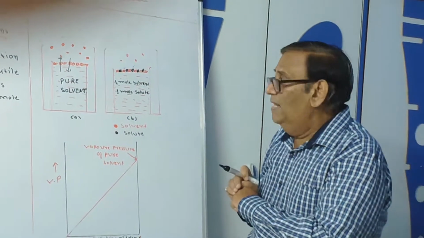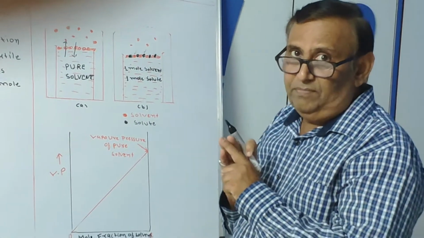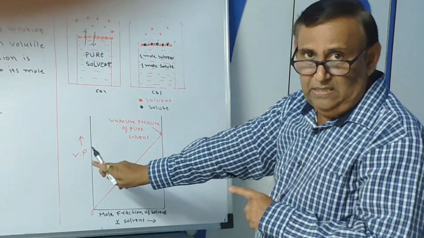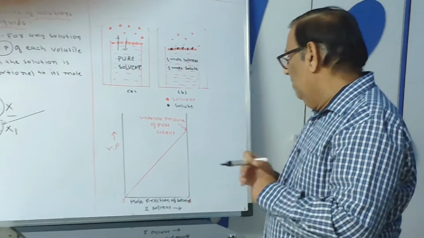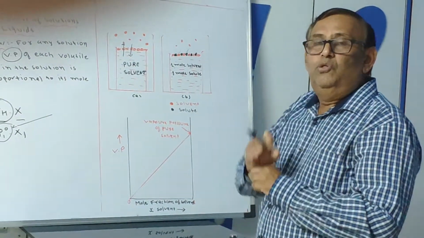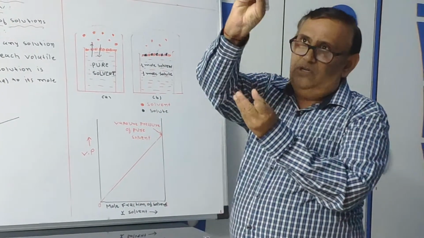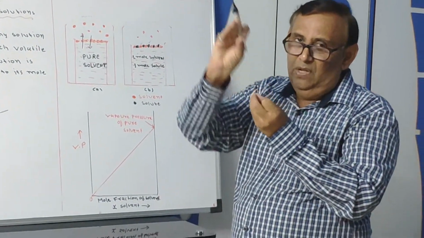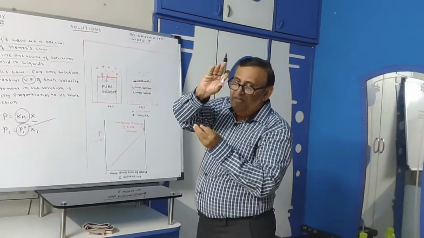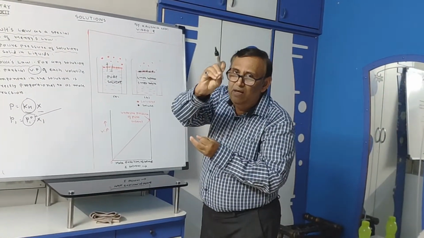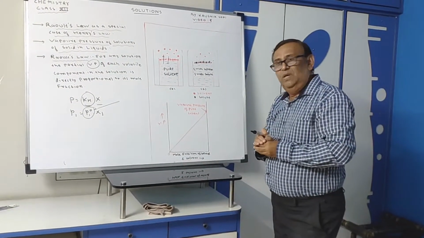Now the other point: the relationship between the vapor pressure of the solution and the mole fraction. In this type of solution, the solute is solid and the solvent is liquid, so the vapor pressure depends only on the volatile pure solvent.